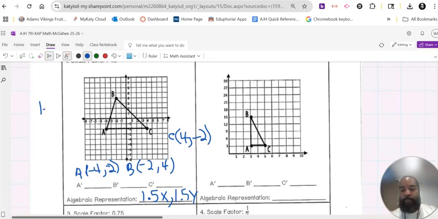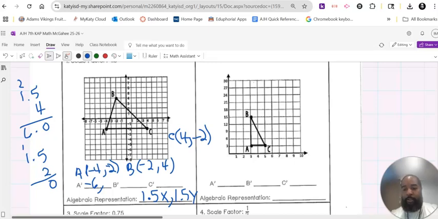So 4 times 1.5 is 6. Okay, so my new A will be -6. Okay, and then 1.5 times 2 would be, carry the 1, 3.